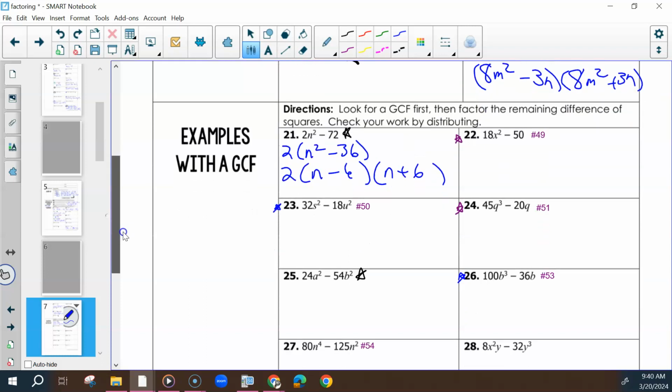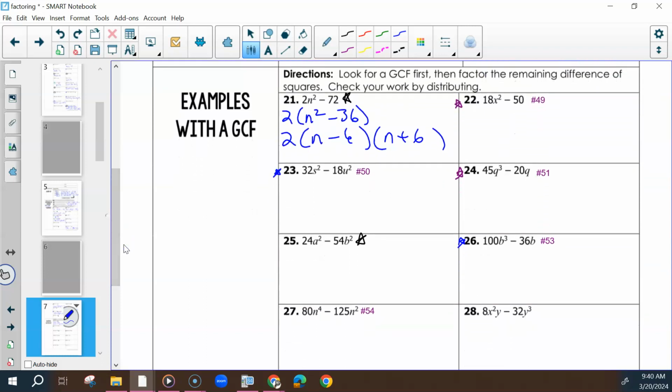Let's do some of these other ones. Look and see, does this have a GCF? 32 and 18. Does that one have a GCF? 2. So we could divide them both by 2.